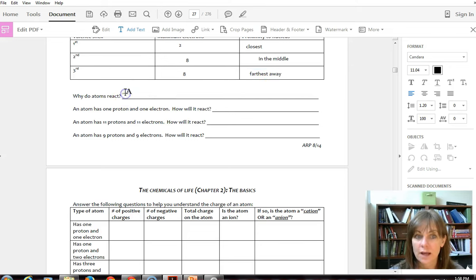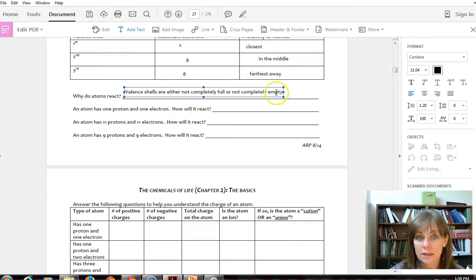Well, we said, why do atoms react? Their valence shells are either not completely full or not completely empty.